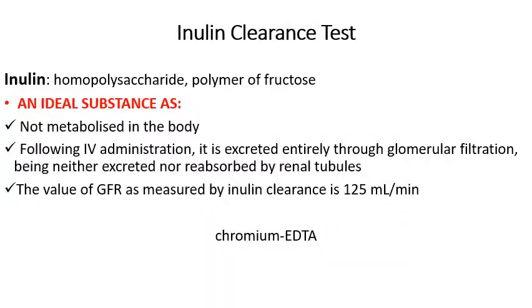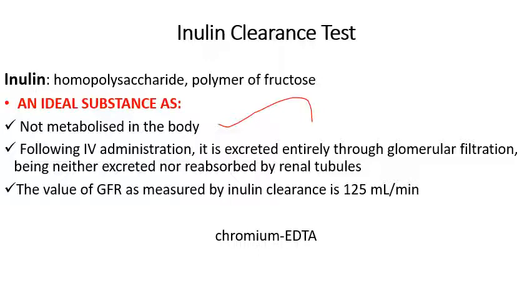Then the next is inulin clearance. Inulin is a homopolysaccharide of fructose, which is an ideal substance to estimate the clearance. Why? Because it is not metabolized in the body. Following intravenous administration, inulin is excreted entirely through glomerular filtration, being neither secreted nor reabsorbed by the renal tubules.